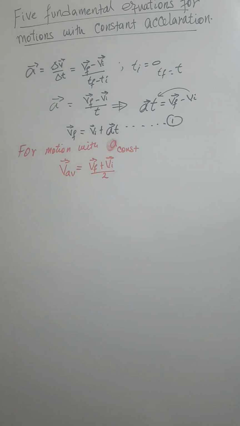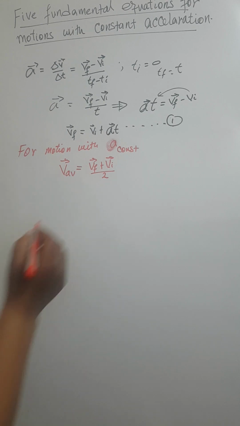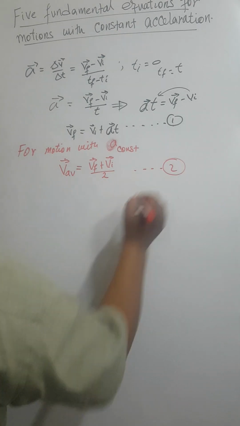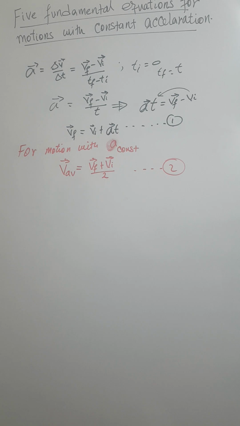This is the average velocity. Here, you should remember that for motion with constant acceleration, the instantaneous acceleration and the average acceleration are the same. So this is the second fundamental equation for motion with constant acceleration: Vav is equal to Vf plus Vi over 2.